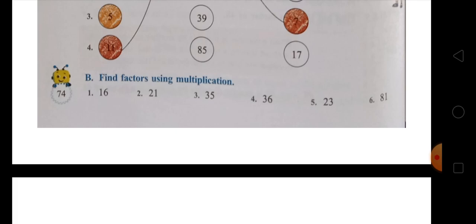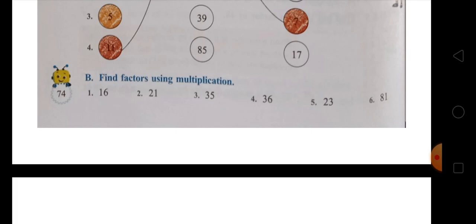So the factors of 16 will be 1, 2, 4, 8 and 16. Okay. Now the next number is 21. 1 multiply 21 equals 21. You know that 1 is the smallest factor. 1 is a common factor for all numbers.